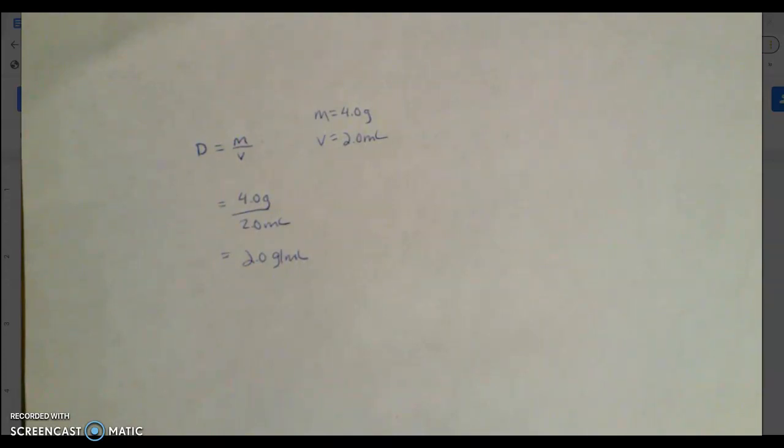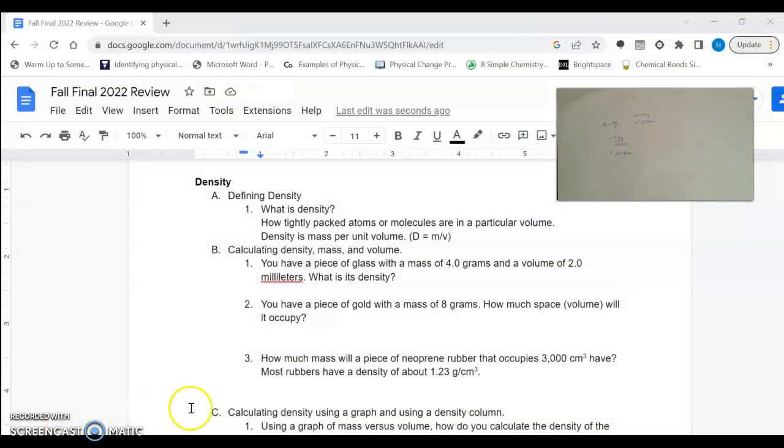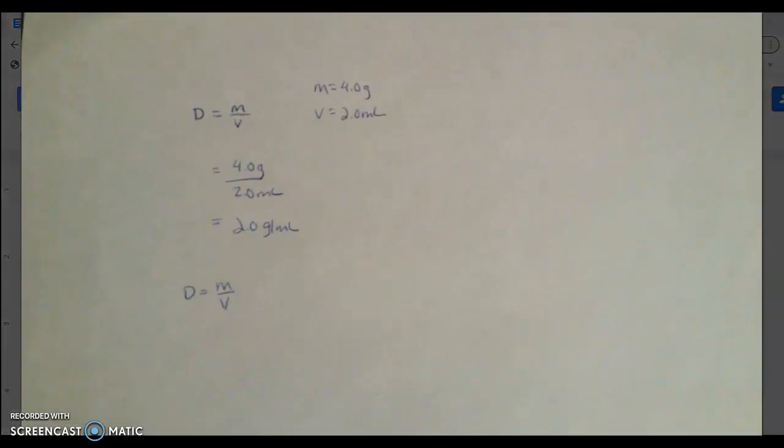Let's check out the next one. So we have a piece of gold with a mass of 8 grams. How much space will it occupy? Okay, so in this case, we are using the same equation. And remember, there are options here. You can either memorize one equation and know how to manipulate it.